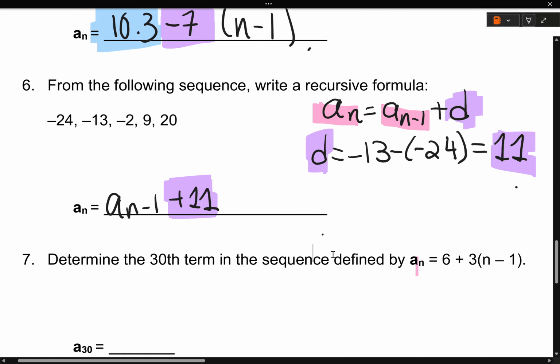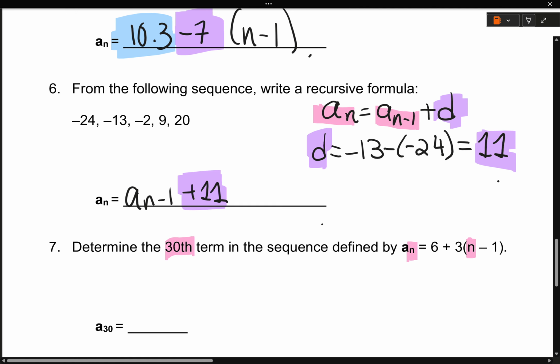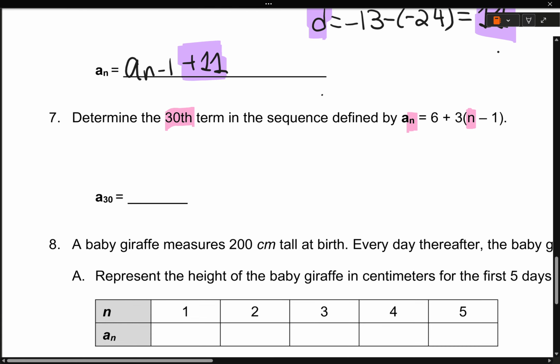In number 7, what we're going to do is determine the 30th term in the sequence defined by an equals 6 plus 3 times n minus 1. What that means is we're going to take 30 and plug it in to n.